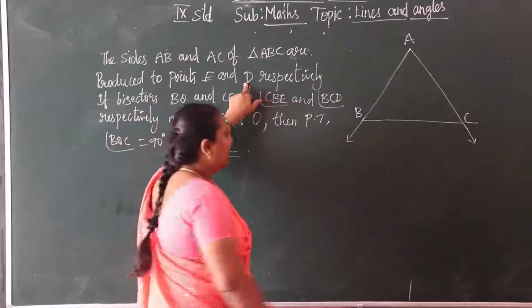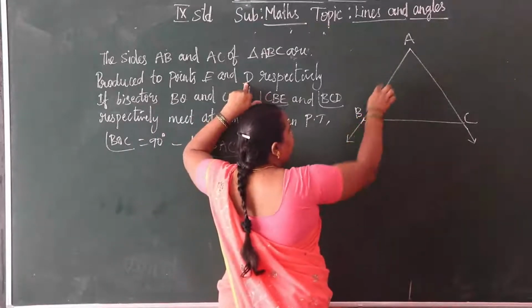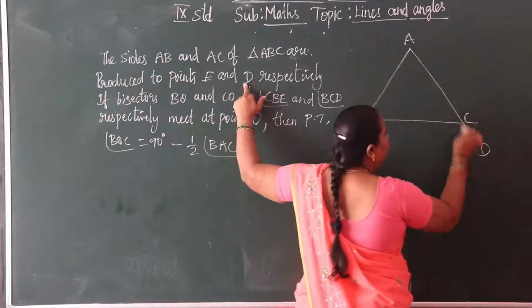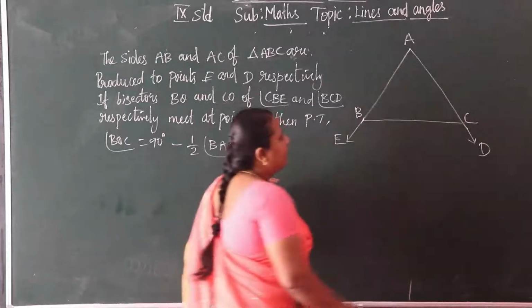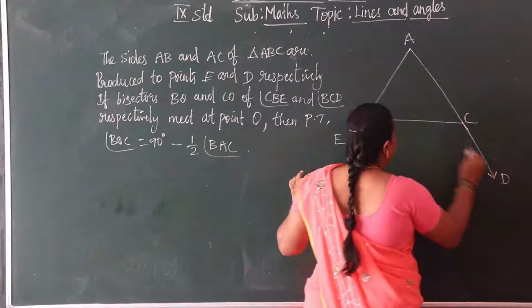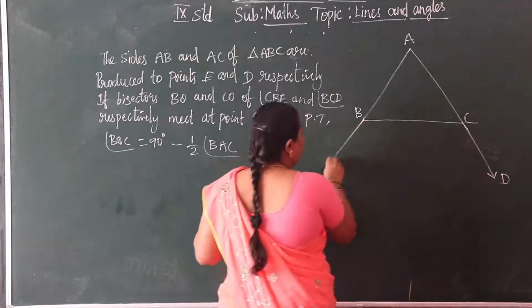So the line AB is produced to E and AC is produced to D.